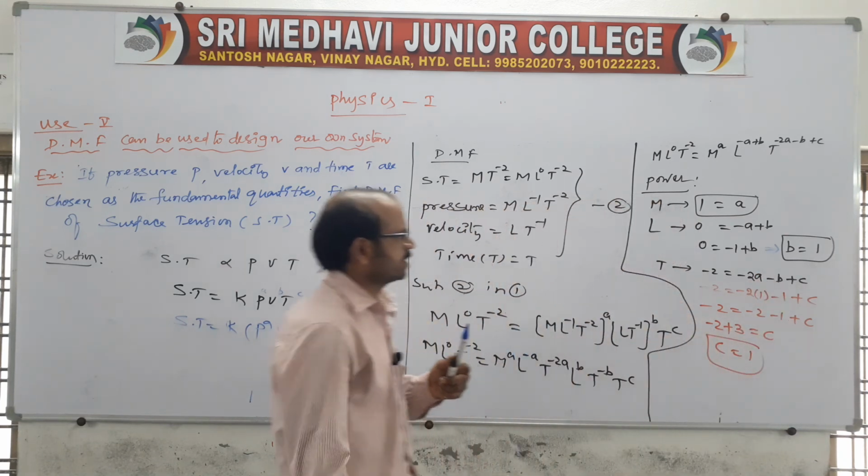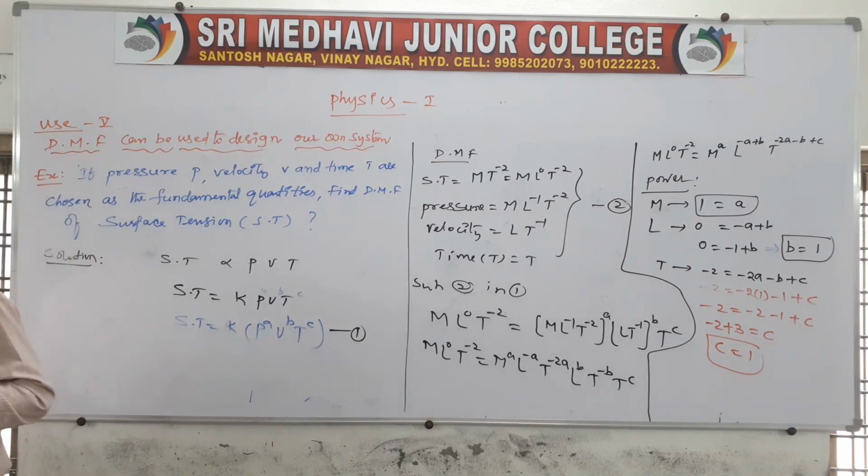These are the A, B, C values. Now we will get the surface tension dimensional formula.